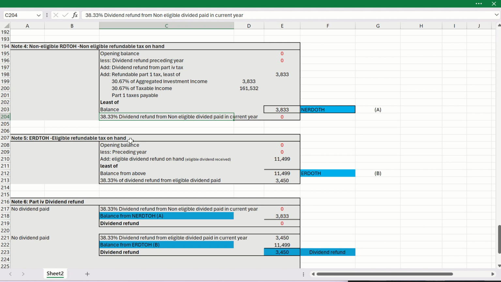So if we paid any dividend from the non-eligible portion, so let's say in our case we have $26,000.